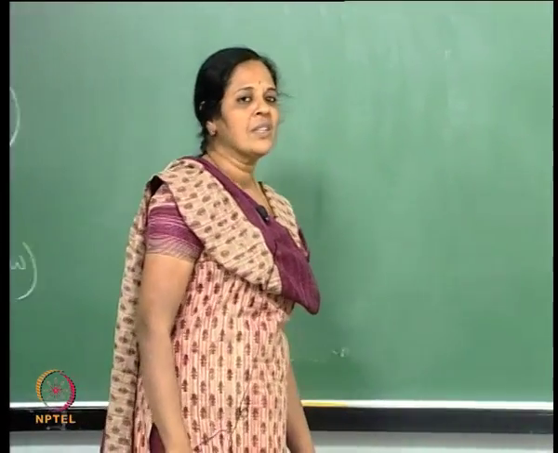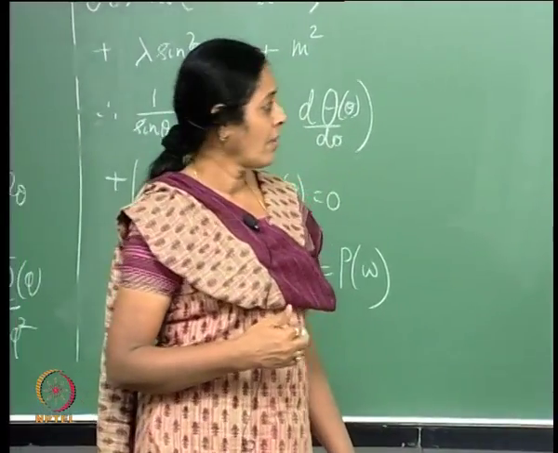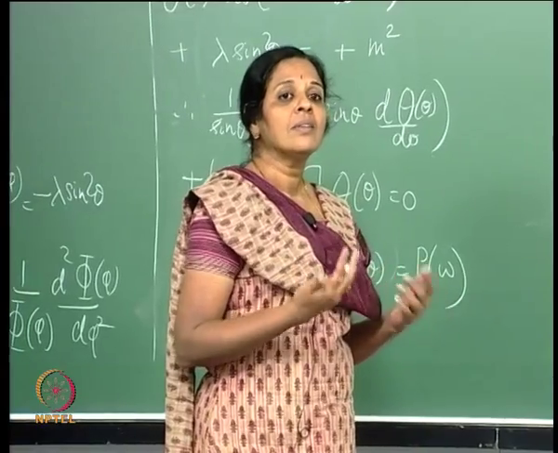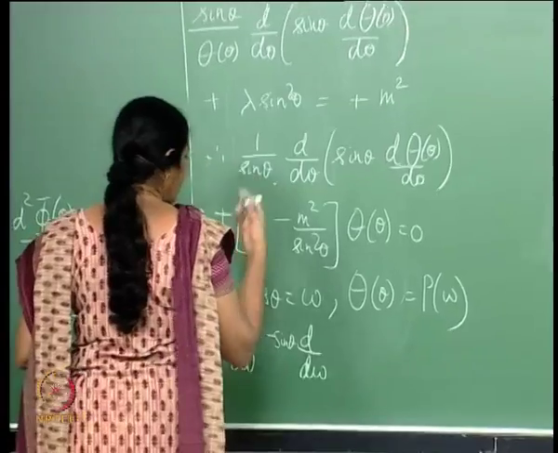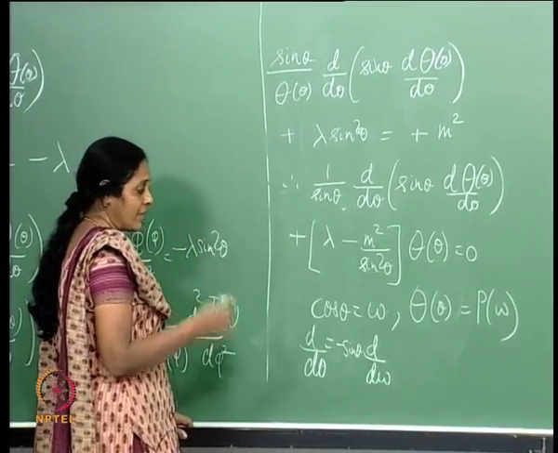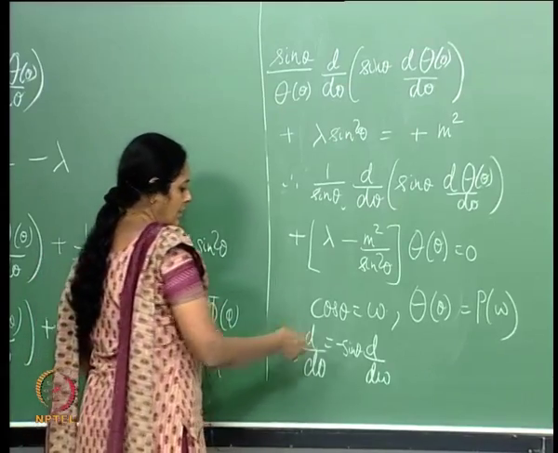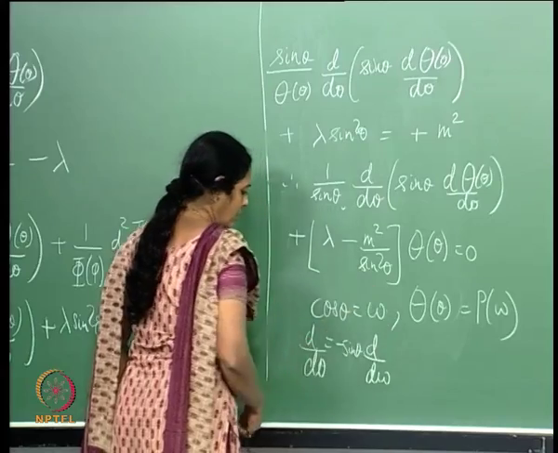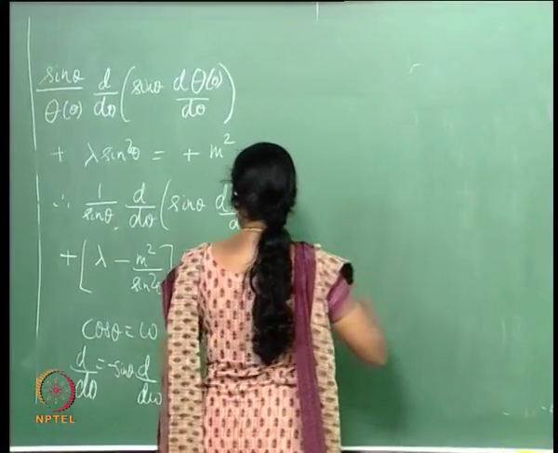For convenience, we defined rho, which was alpha x, then wrote an equation for rho. It was a differential equation in rho that we solved. Here I am just calling it W and now rewriting the equation.